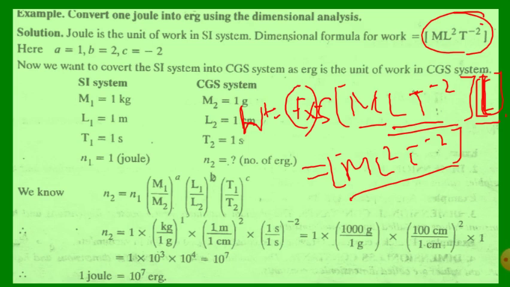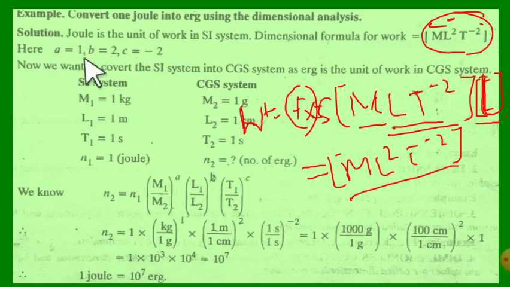Let's take A as the dimension for M, B as the dimension for length, and C as the dimension for time. So A will be equal to 1, B is equal to 2, and C will be equal to -2.